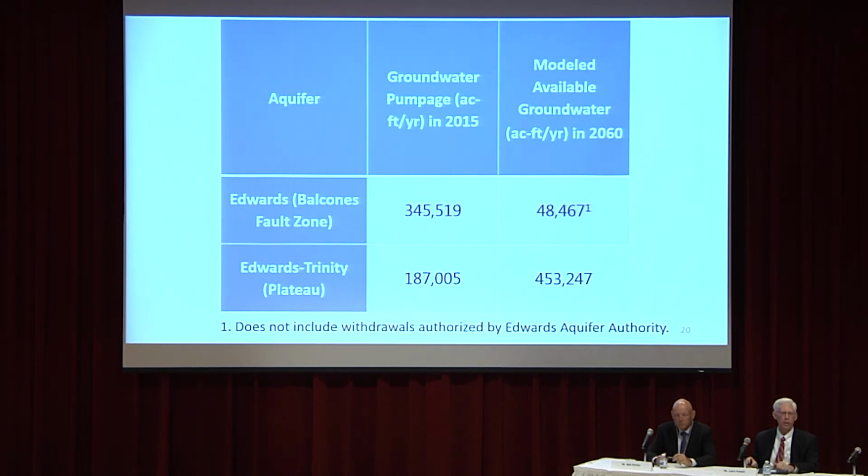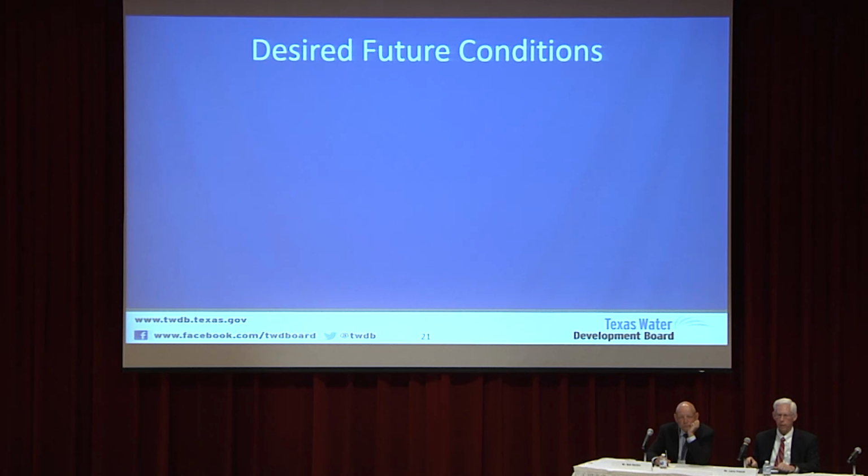Well, I haven't included the amount of water that the Edwards Aquifer Authority is permitted to pump out, which is roughly 400,000 acre-feet per year. And you get that in terms of model available groundwater. In the plateau aquifer, much more water, we would say from the manager's standpoint, is available to pump than has historically been pumped. The Balcones Fault Zone is pretty much at capacity.